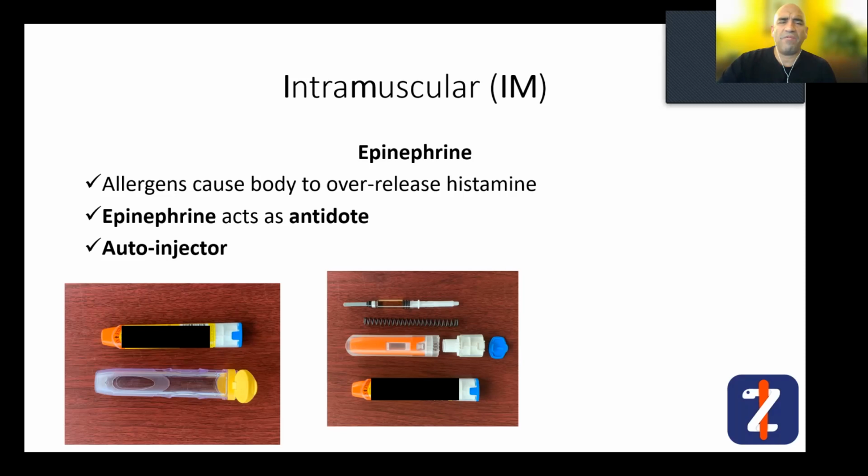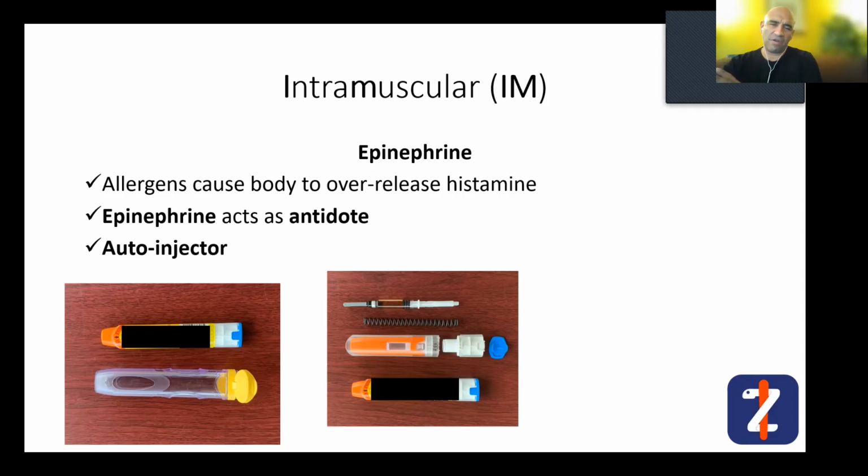So epinephrine, the auto injector. As you see on the left side, it's one type, in two different colors. You have the yellow, which is the container. It goes through the EpiPen. Then notice here it was broken apart. You've got the spring and the medication. It's a one-dose type. Okay.